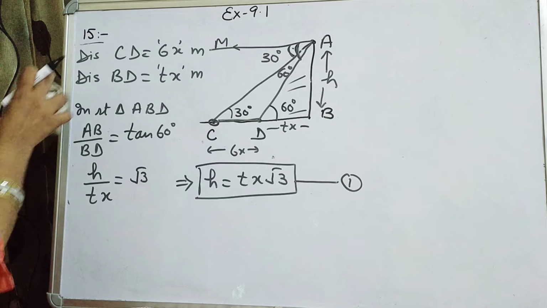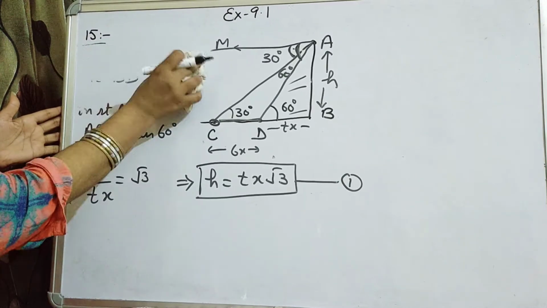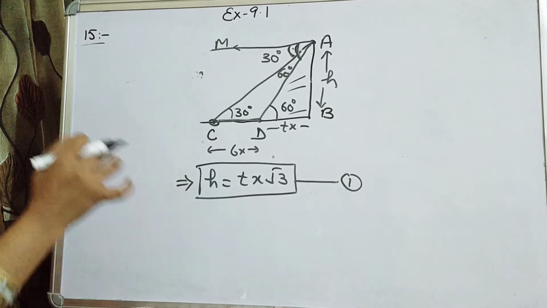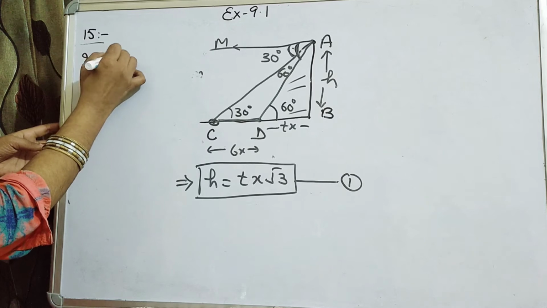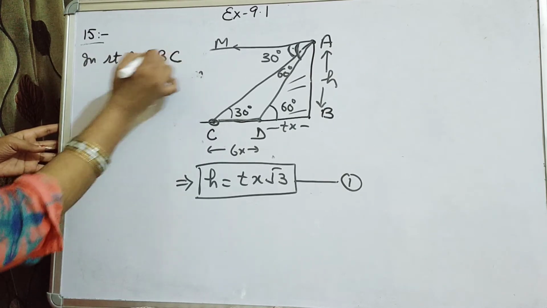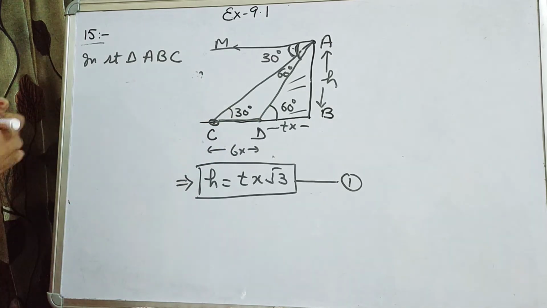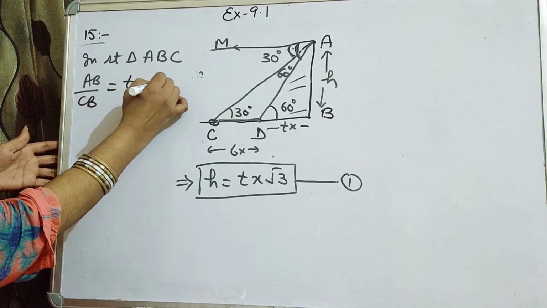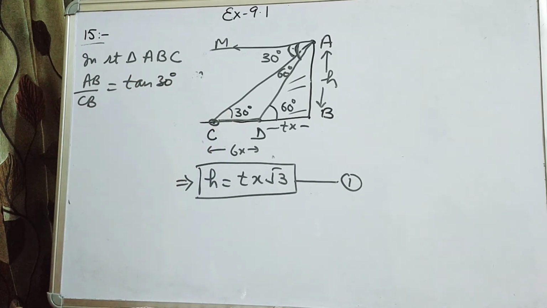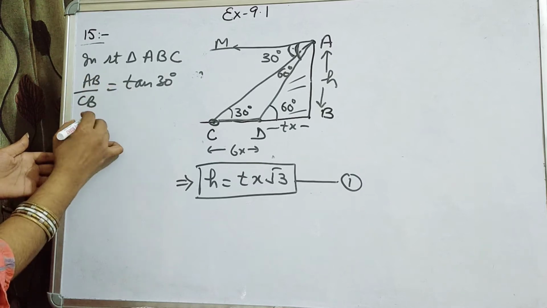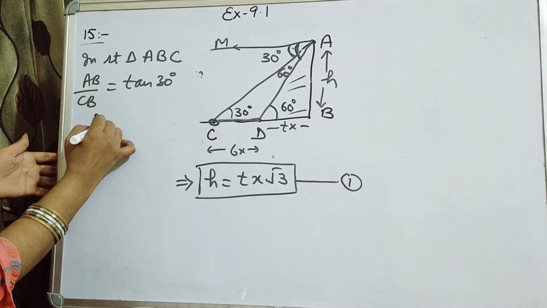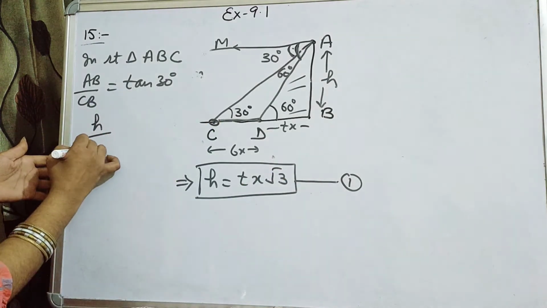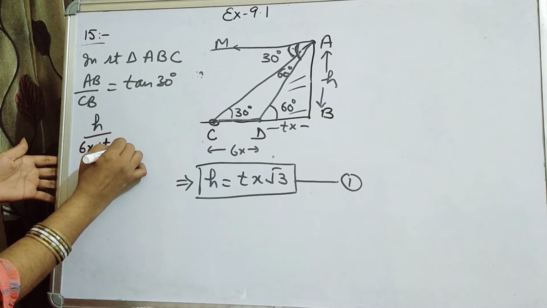Now I will apply this ratio again in the next right triangle, that is ABC. So in right triangle ABC, again I am taking the ratio perpendicular by base, that means AB by CB, and that is tan 30, because here the angle given is 30 degrees. So perpendicular by base is tan 30, and it will be H over CB, and CB is CD plus DB, that is 6x plus Tx.